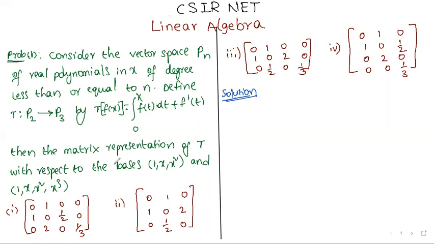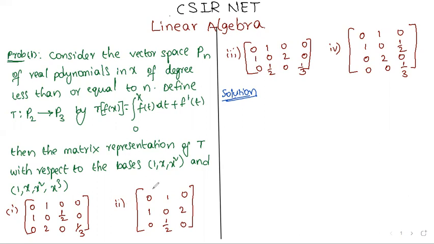Then the matrix representation of T with respect to the bases {1, x, x^2} and {1, x, x^2, x^3} is... Here we are given four options, four matrices. By using these four options, we have to solve this problem.